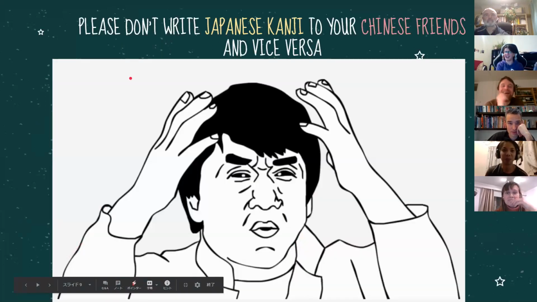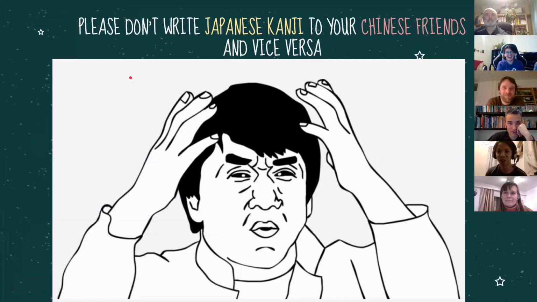So please don't write Chinese kanji to your Chinese friends, and vice versa. For example, if you write 大丈夫 to your female friend in Beijing, it means big husband, and then she might think you have an affair with her husband.